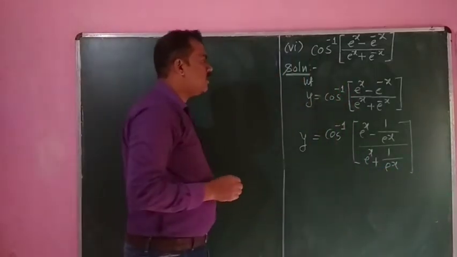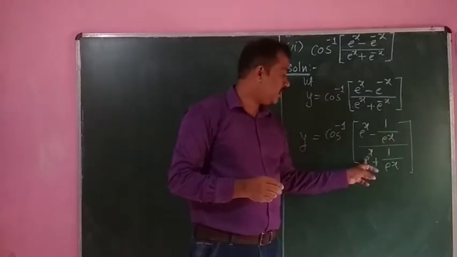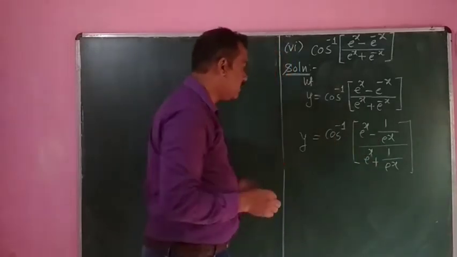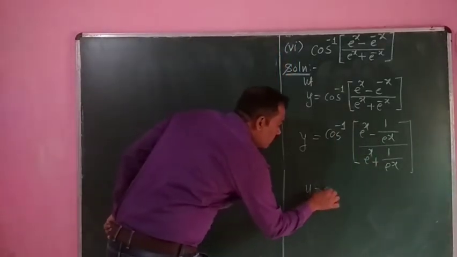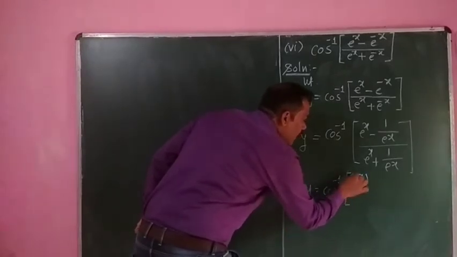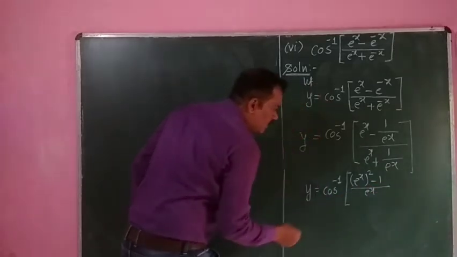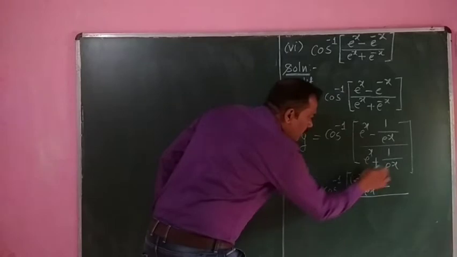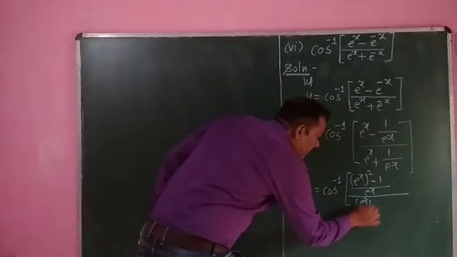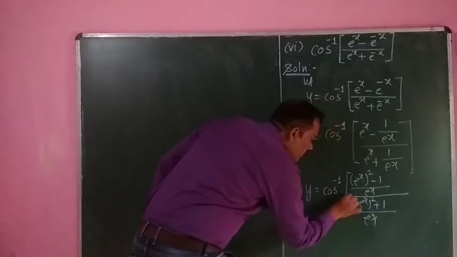That is, y equals cos inverse of (e^x minus 1 upon e^x) divided by (e^x plus 1 upon e^x). By cross multiplication, we get y equals cos inverse of ((e^x)^2 minus 1 divided by e^x) whole divided by, again by cross multiplication, ((e^x)^2 plus 1 divided by e^x).